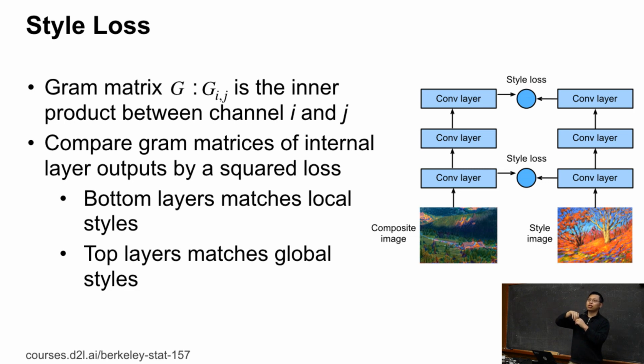We try to match the variance of each channel between the style image and the learned image. Again, bottom layers match the local style, and global layers match the global style. So for style, we can use multiple layers: the bottom one to match the local style and the top one to match the global style. Okay, we have two style losses.